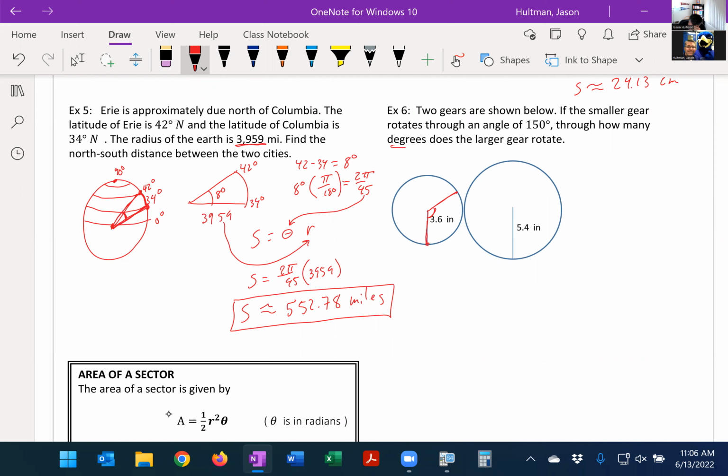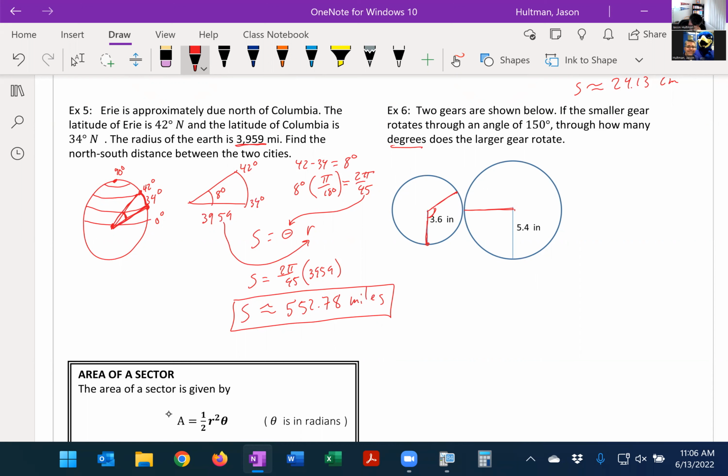Through how many degrees does the larger gear rotate? Okay, so they're both going to be moving the same distance, but they're going to have a different angle measure because of the size of the radius.